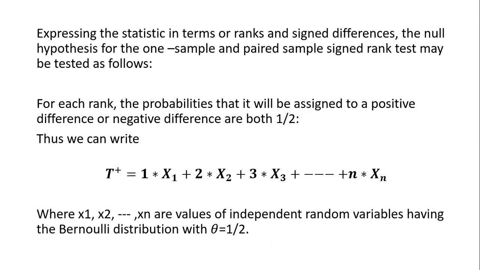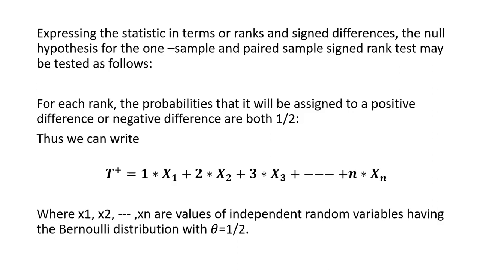Expressing the statistic, T plus or T minus, in terms of the ranks and sign differences, the null hypothesis of either a one sample sign rank test or a paired sample sign rank test may be given as follows: for each rank, the probability that it will be assigned a positive difference or a negative difference are both half.